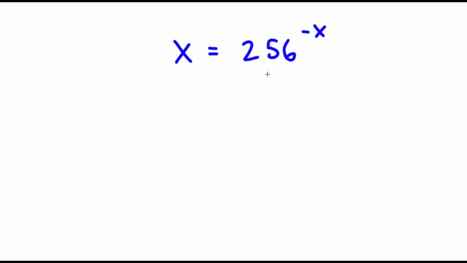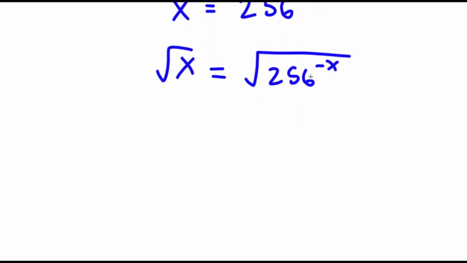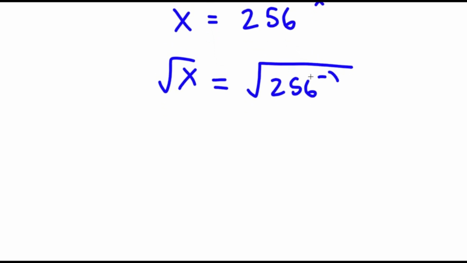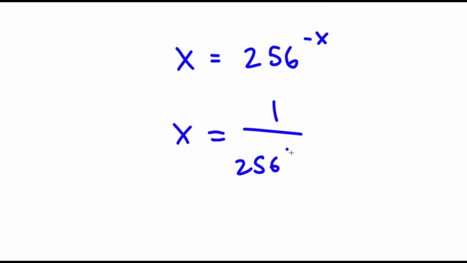So now I have the square root of x is equal to the square root of 256 to the power of negative x. So before we do that, actually, I'm going to rewrite 256 to the power of negative x as 1 over 256 to the power of x.